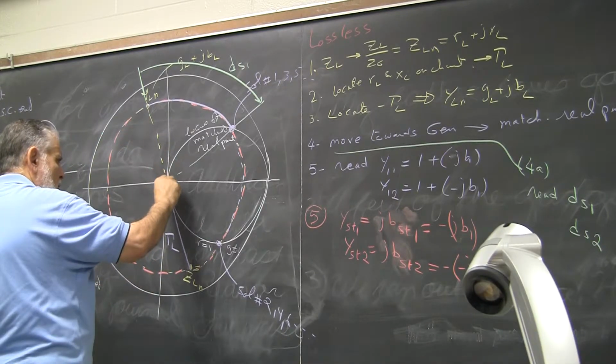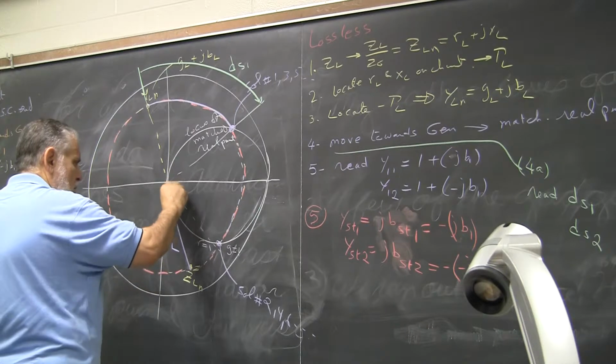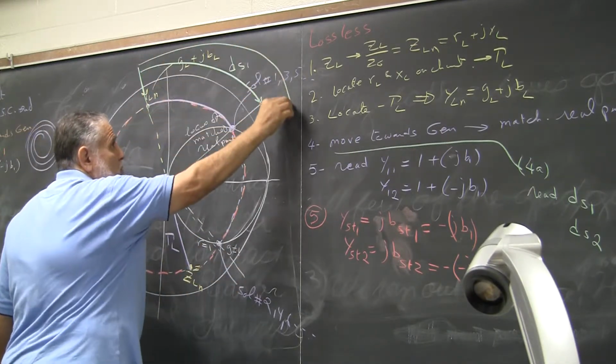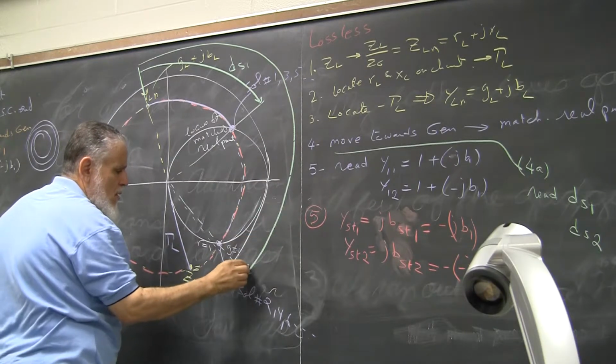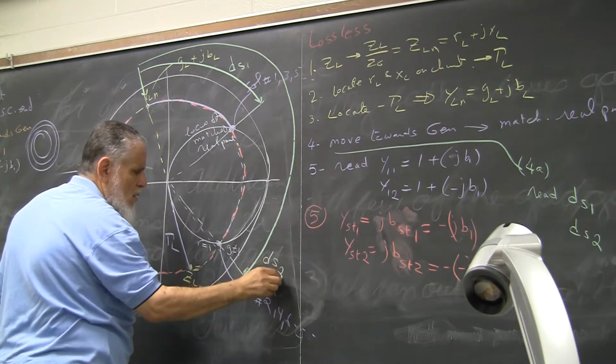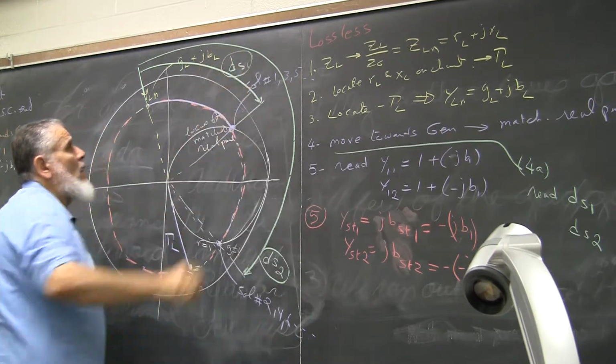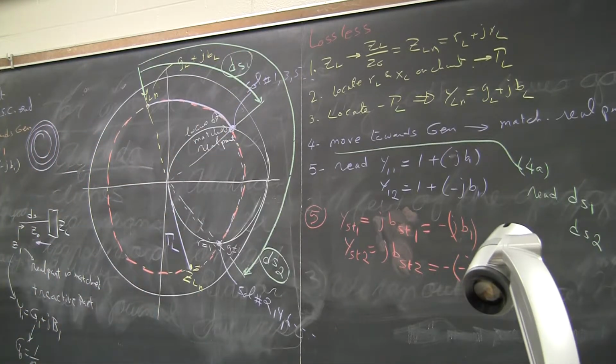So this would be DS2. How much is LS? The distance from here to there.